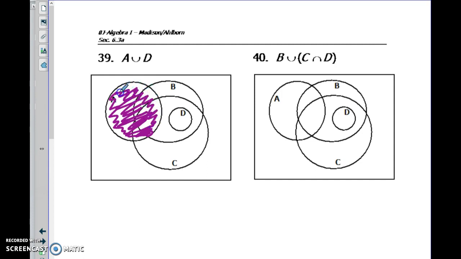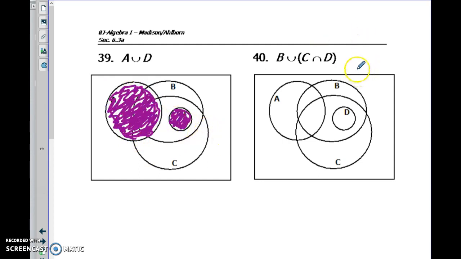It says, okay, I want everything that's going to be in A, as well as everything in D. Now, what's interesting here is that if it had said A intersect D, is there any spot on our graph here where A and D would overlap? There's not. So that would be an empty solution set, or I wouldn't color anywhere. But because it's a union, I do want everything here in A and everything here in D.